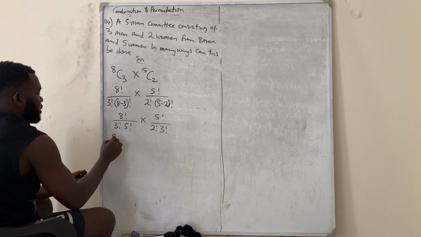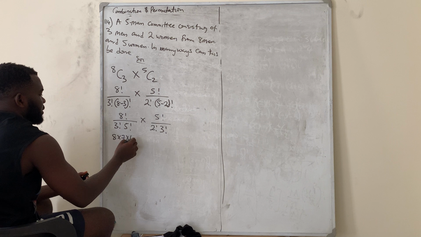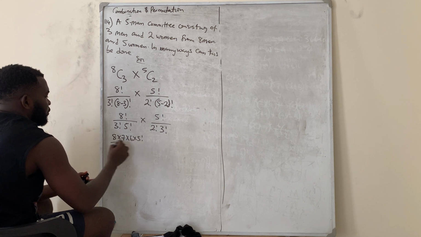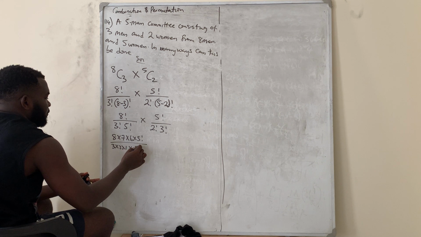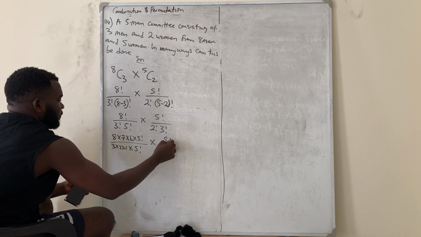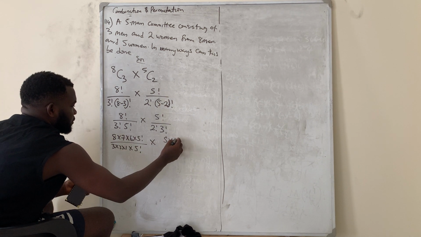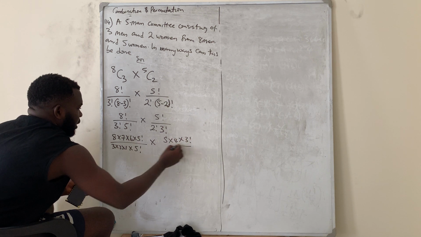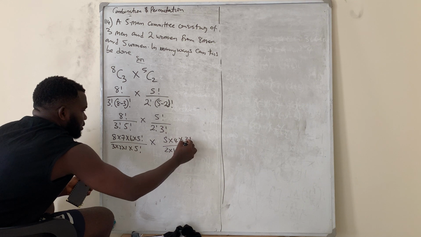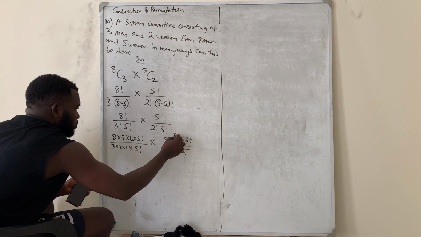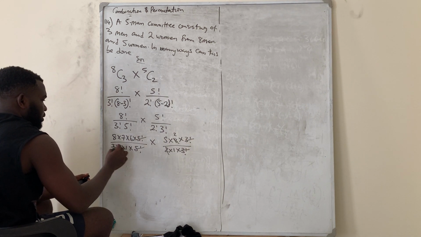So I'm left with 8 times 7 times 6 times 5 factorial all over 3 times 2 times 1 times 5 factorial, then times 5 times 4 times 3 factorial all over 2 times 1 times 3 factorial. This takes care of this. This into this is 2. This takes care of this.